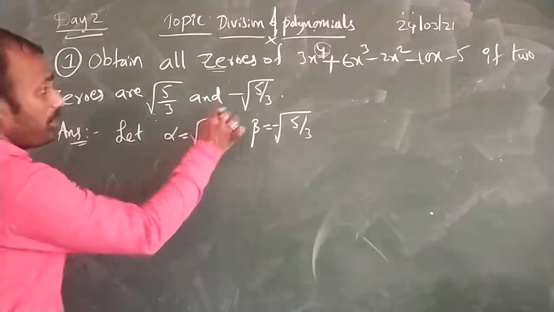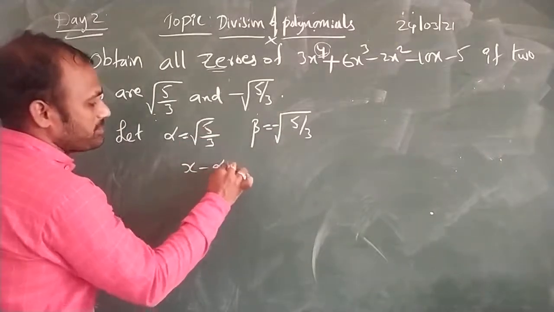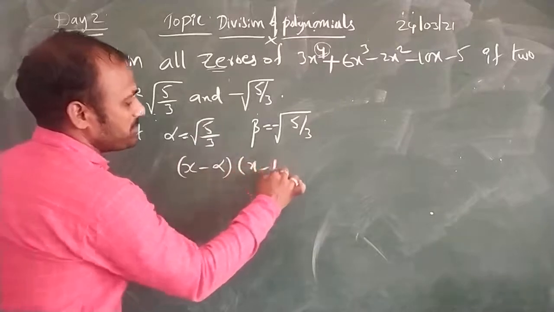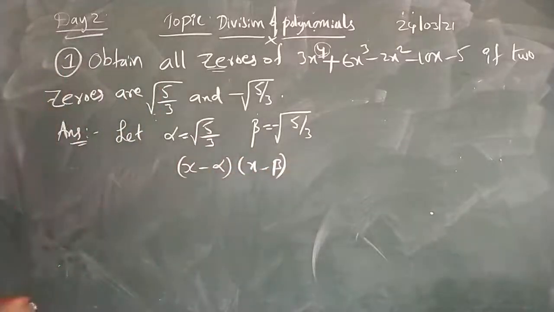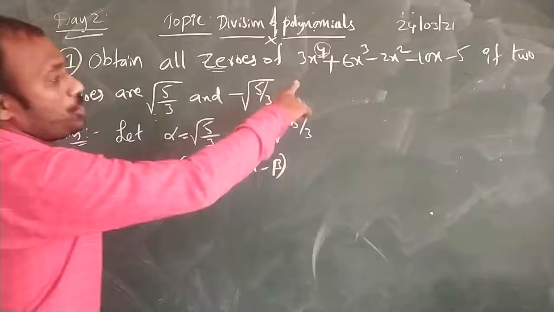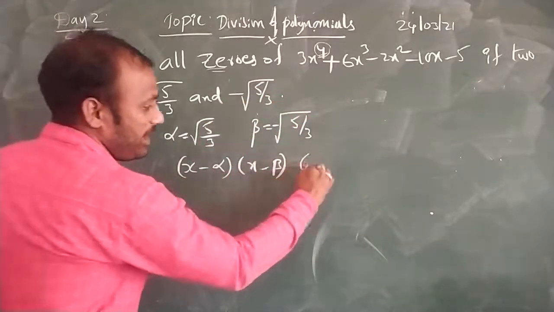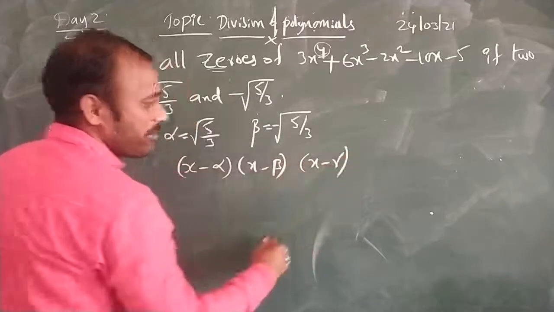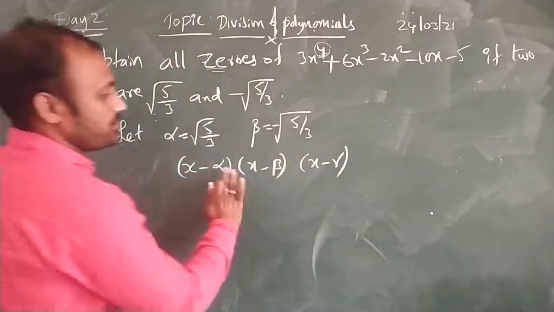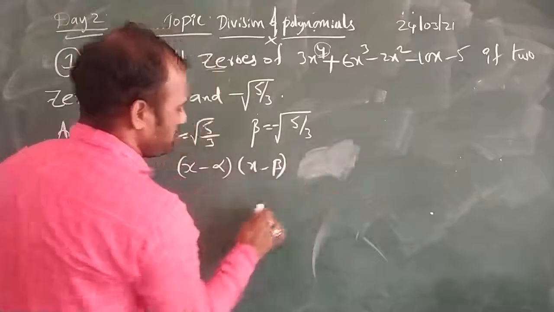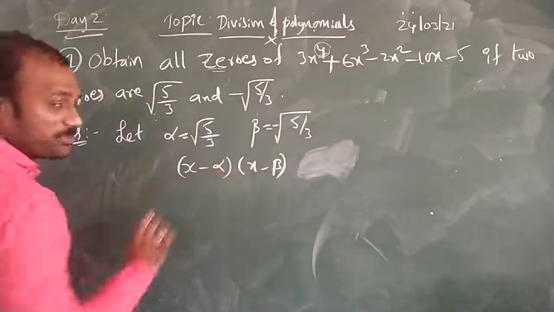The formula to be used is x minus alpha into x minus beta. If 3 zeros are given, we use x minus alpha, x minus beta and x minus gamma. Since there are only 2 zeros, we use only x minus alpha into x minus beta.